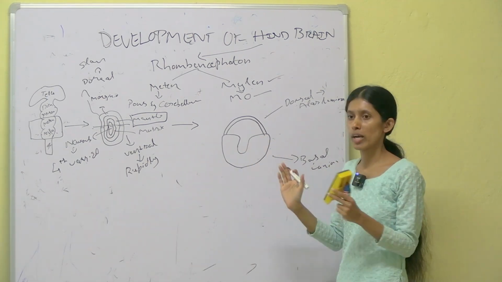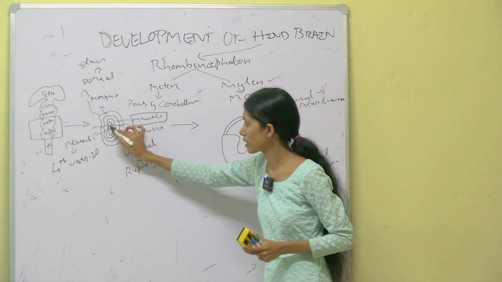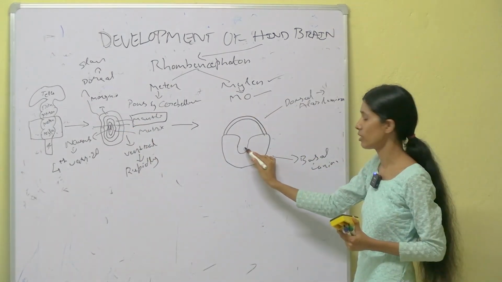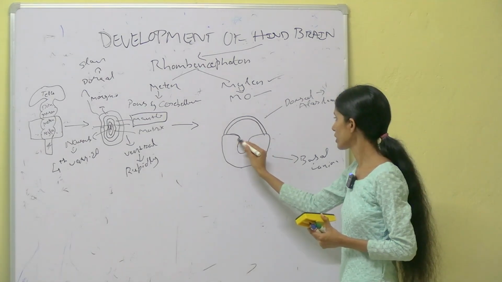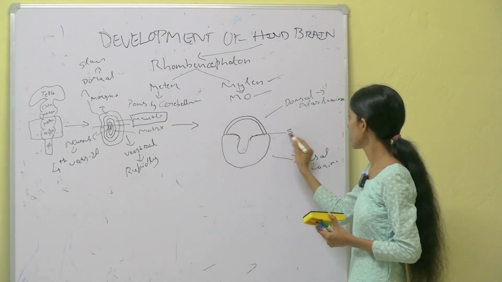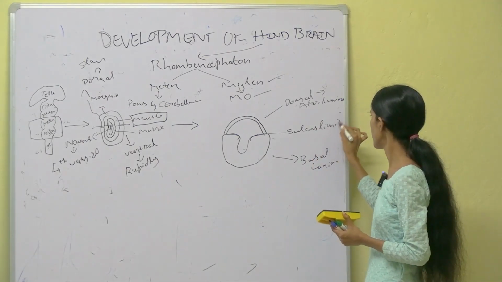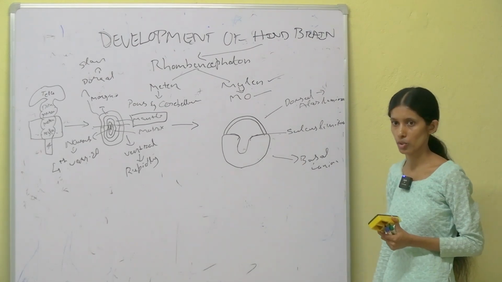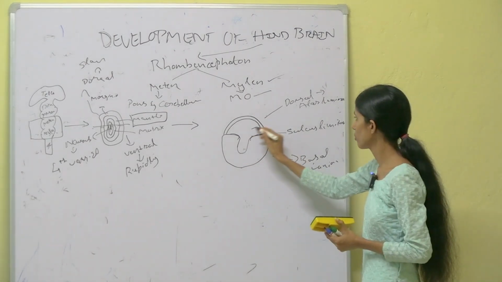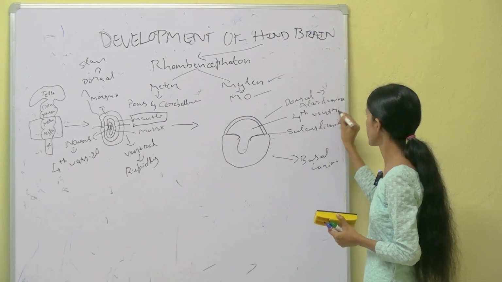Due to the expansion of the ventral part, this cavity present here will be compressed in the ventral region. And the sulcus it is forming here is called the sulcus limitans, similar to your spinal cord structures. And this cavity is going to develop as the fourth ventricle.